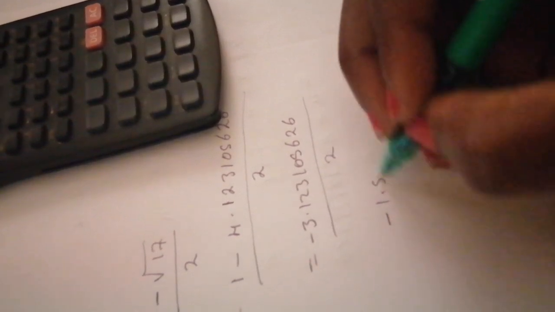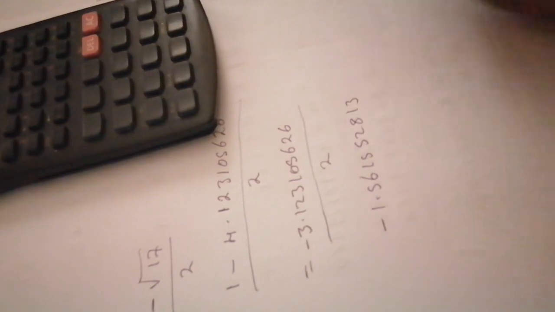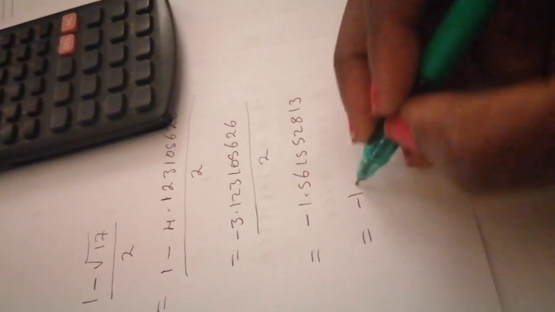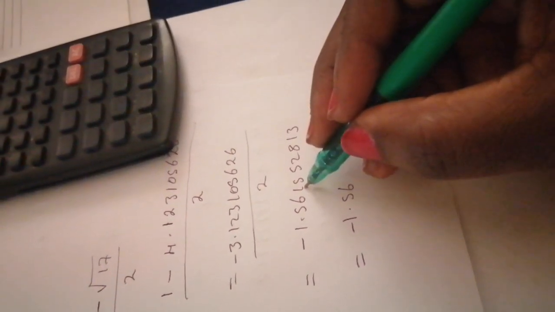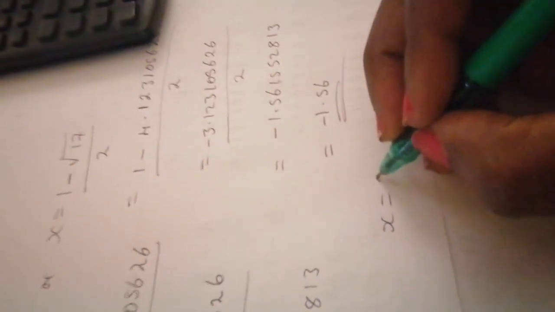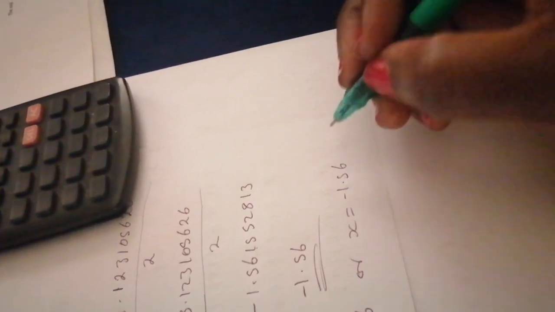Okay, when we divide by 2, we have negative 1.5615522813. Giving the answer to 2 decimal places, we have negative 1.56. The number next to 6 is less than 5, so we get 6 the way it is. Therefore, x is equal to 2.56, or x is equal to negative 1.56.